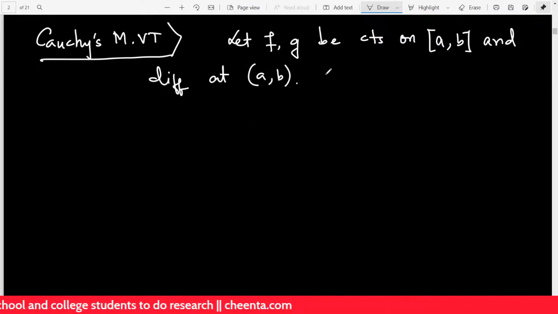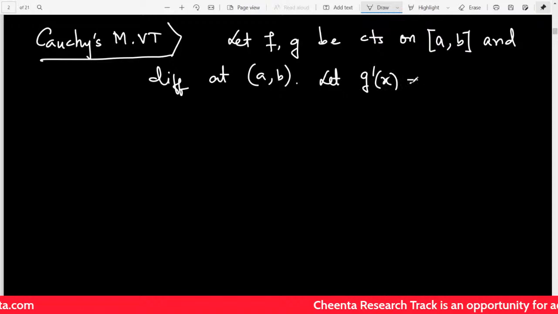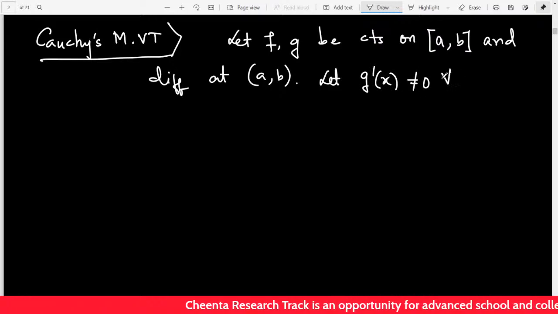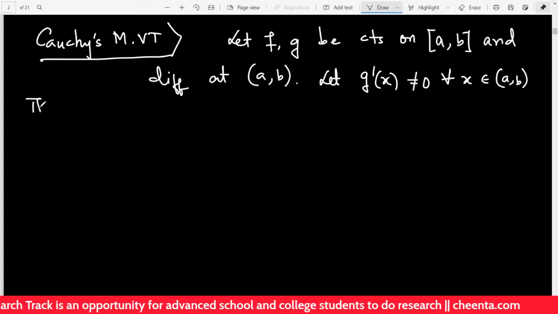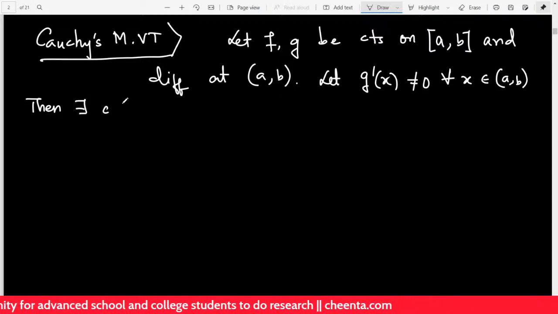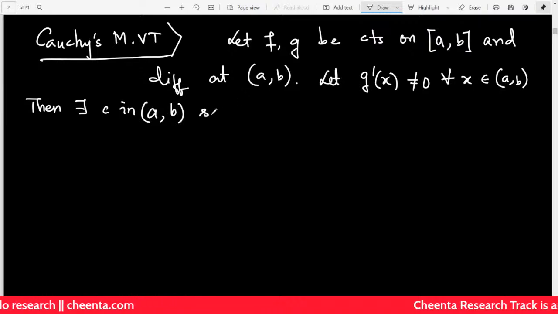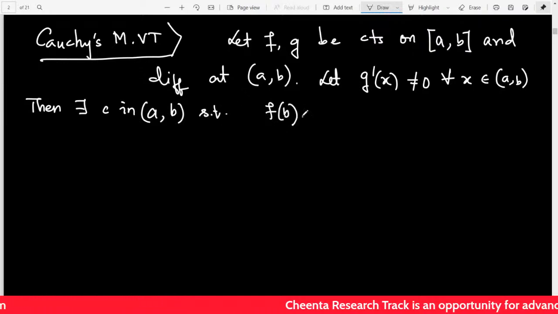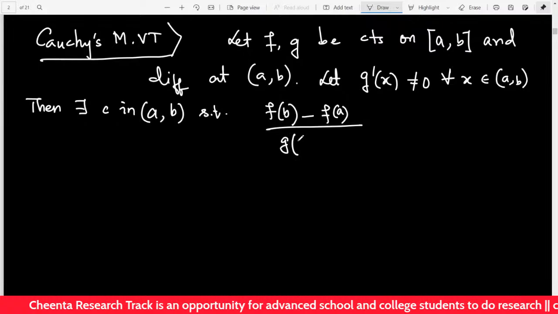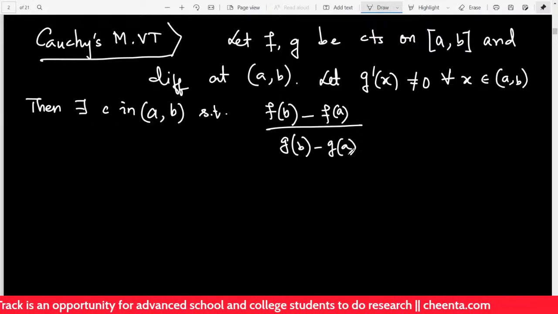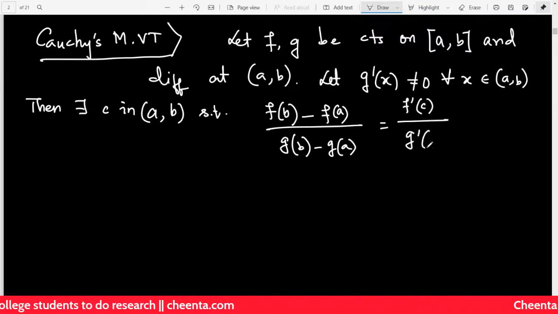Let g prime of x be not equal to 0 for all x in (a, b). Then there exists a c in (a, b) such that f of b minus f of a divided by g of b minus g of a is equal to f prime of c by g prime of c.